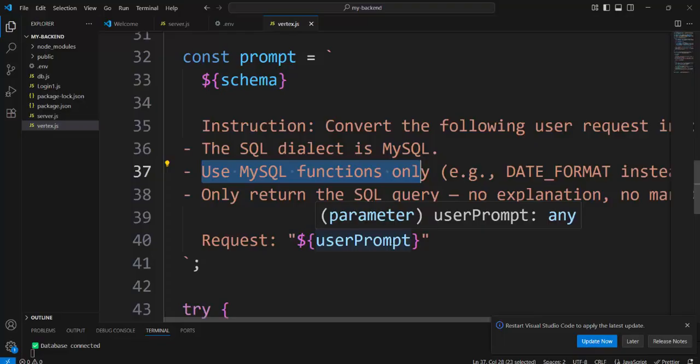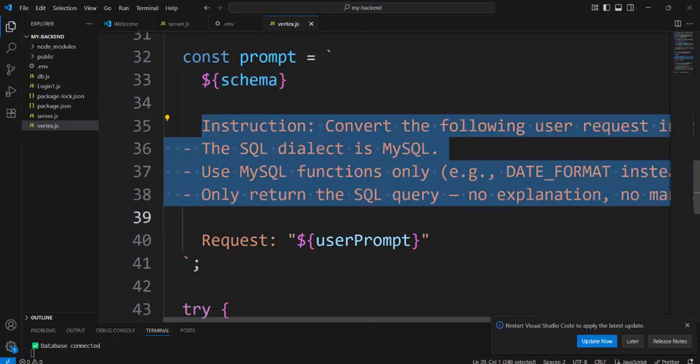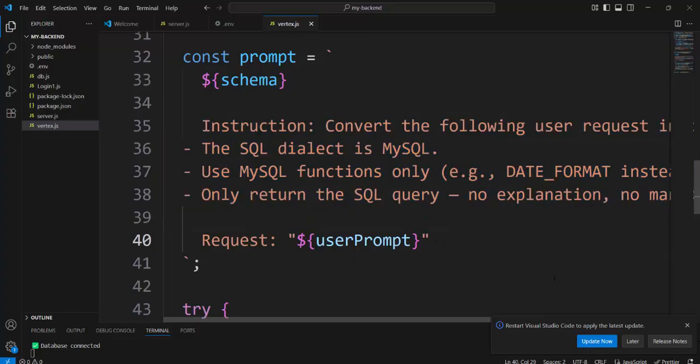Okay, this video is about the term RAG, retrieval augmented generation. An LLM needs a lot of tools, a lot of context, and something else very important. We call that context: the schema, all the instructions and the request.